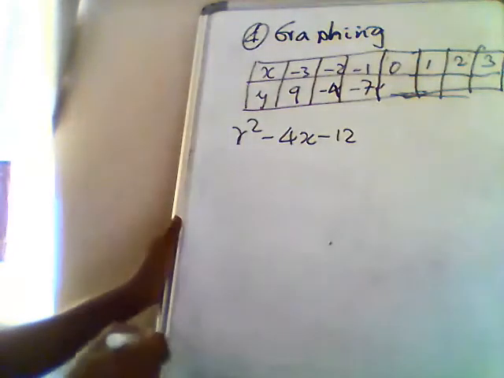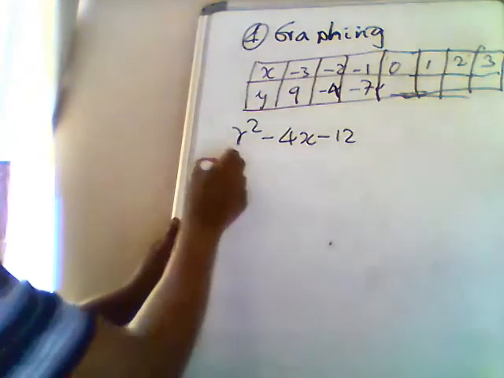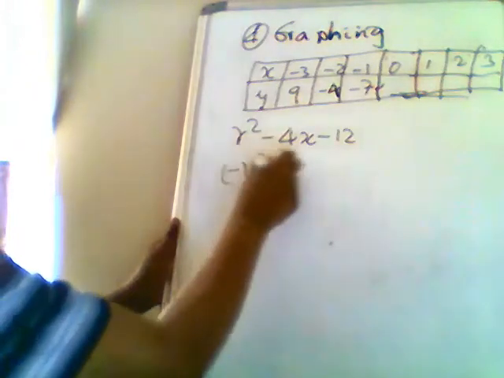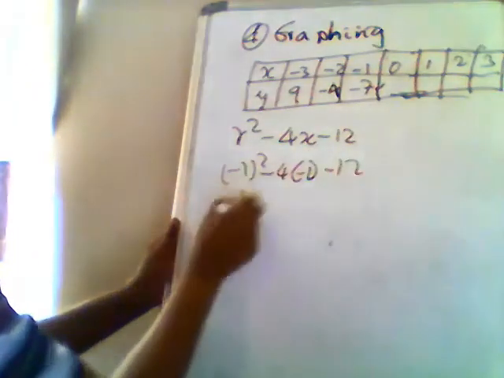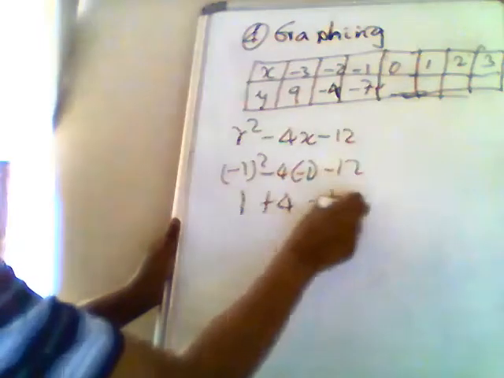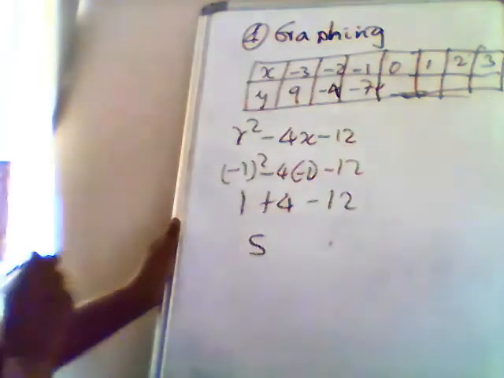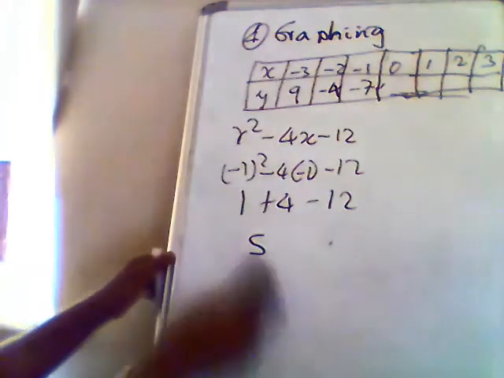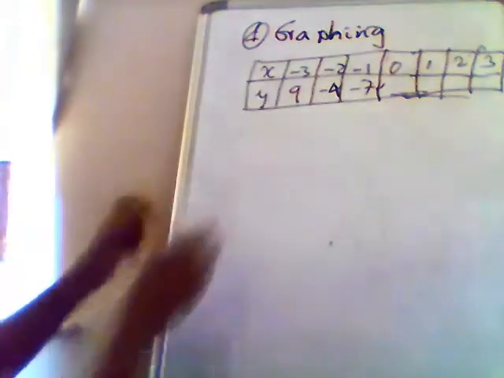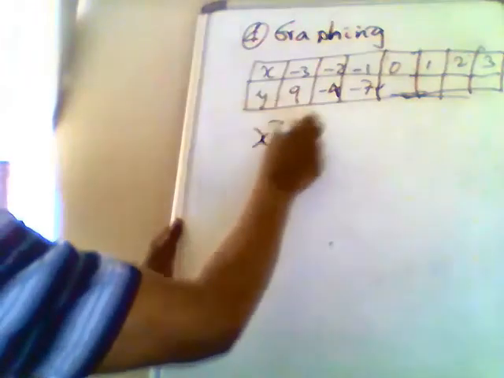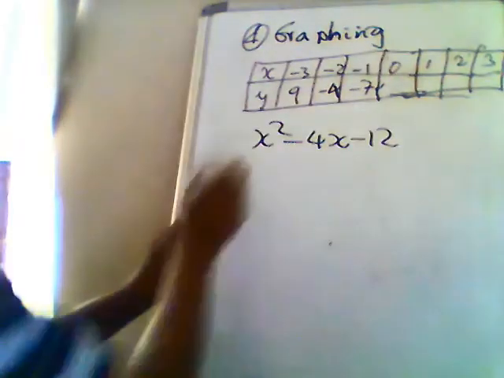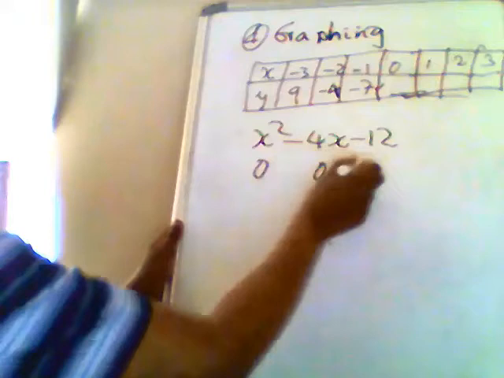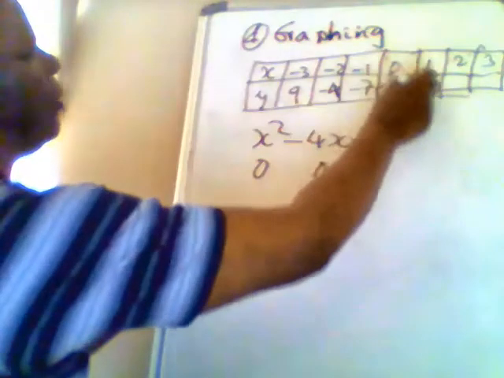I'm repeating, we have done that already. I need a 0. So x squared minus 4x minus 12, I have a 0 here, and 0 gives -12.